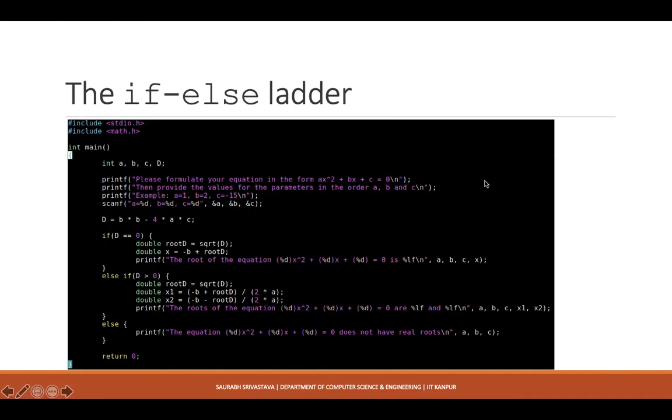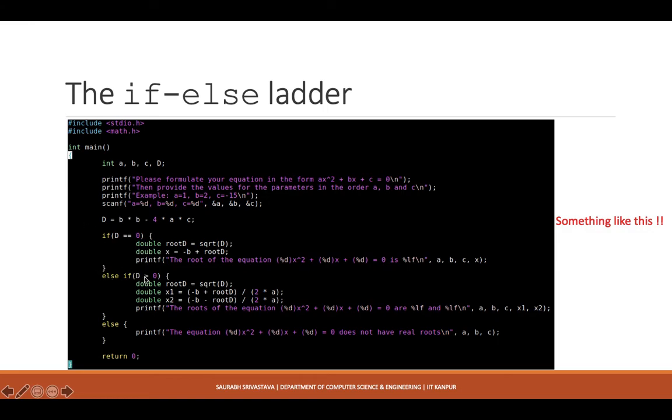So now this is the quadratic equation solver, basically our complete pseudocode changed into C code. What you can see is this is the if, the first set of statements, then this is else. Now with else I have also attached another if, right? So this is the else if ladder.